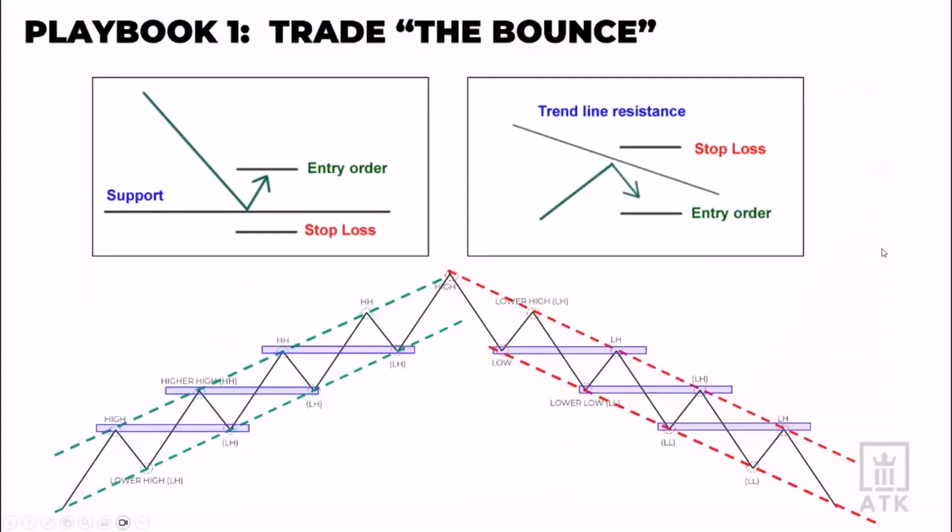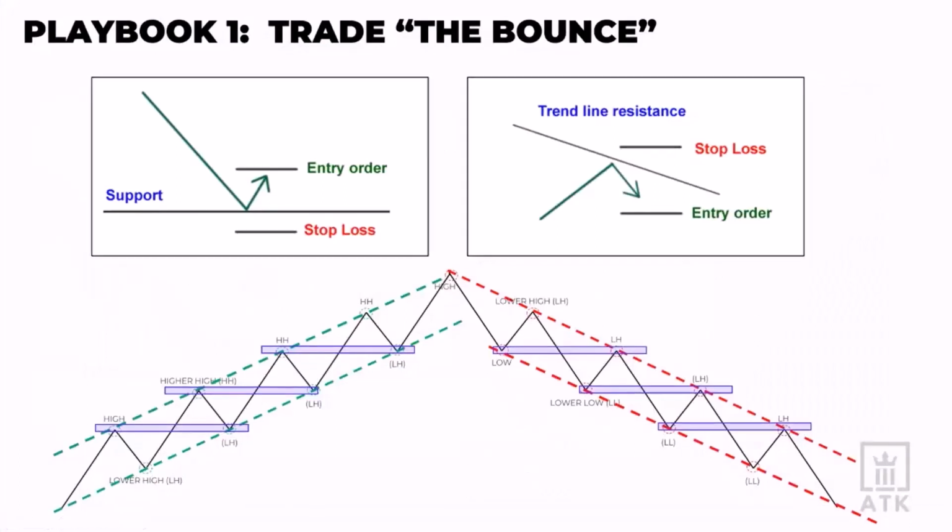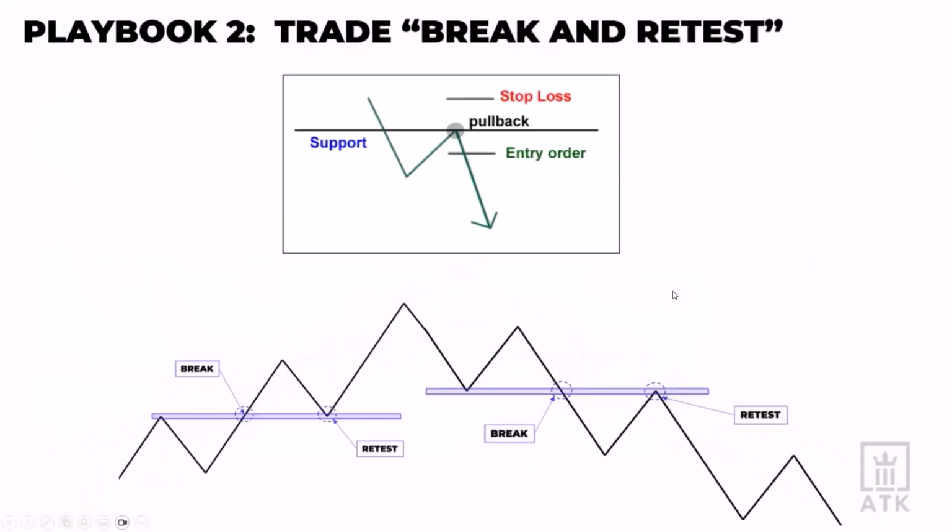All right, another play that we use, which we like better than the bounce, is the break and retest. The break and retest is when you break support or you break resistance to the upside, but you break support and then you come back and retest it and stay below it. So now support turns resistance and you enter an order and take that to the downside.